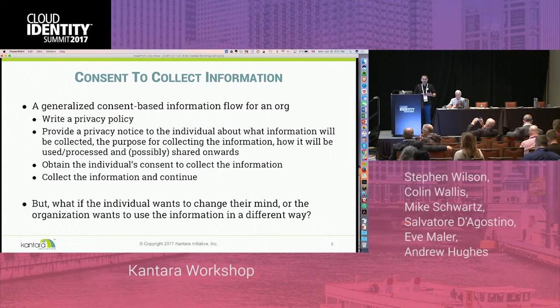How are you processing it? Who's involved? What's the legal basis for collecting it? And are you sharing it onwards to other parties? Actually gather the consent of the individual to collect their information, and then keep on going. Okay, so that's a very simplified flow.